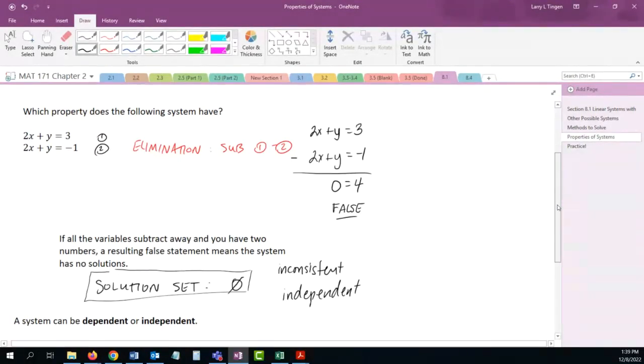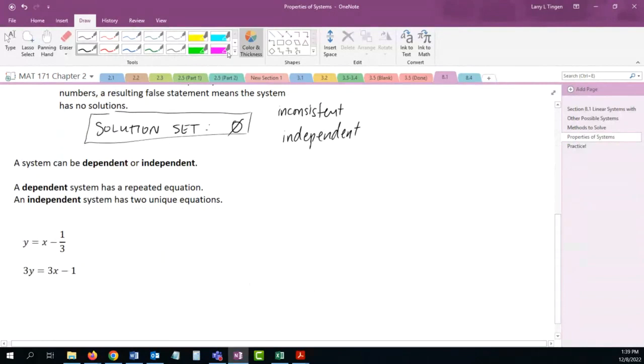All right. Now, speaking of dependent, independent, we have y equals x minus 1/3 and 3y equals 3x minus 1. In this one, I want to solve. So I have equation 1 and equation 2.